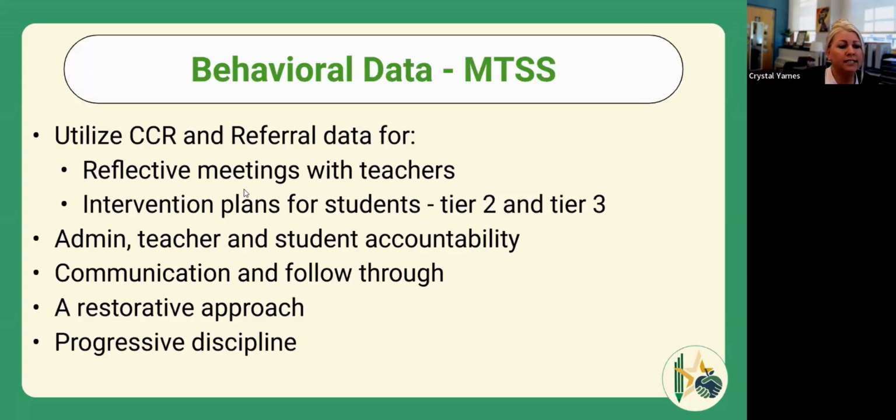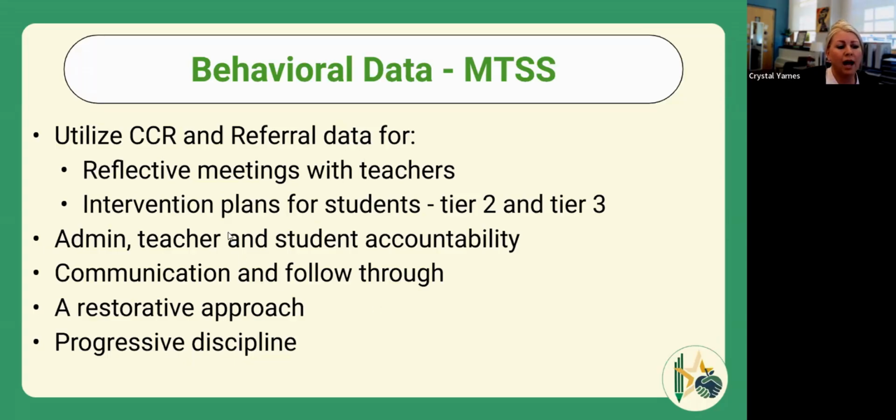We also use this data for intervention plans for students, whether it be tier 2 or tier 3. We use this to say, okay, do we have students that are consistently being sent out of class or consistently taking breaks? And if so, what intervention plans can we put in place for these students?